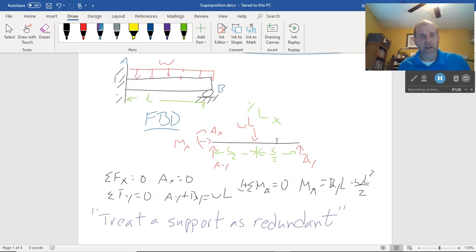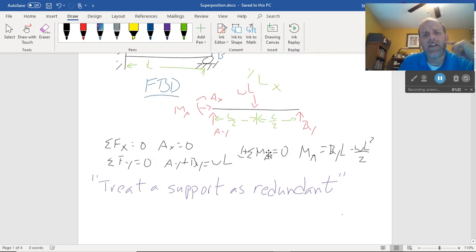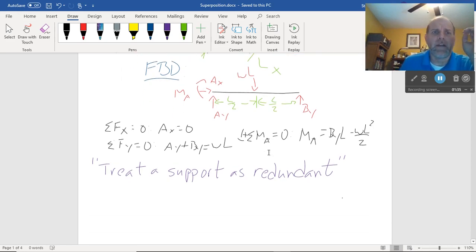All good, nothing unexpected. And then this phrase in purple is what you keep seeing, right? Treat a support as redundant. What does that mean, though? What does that mean we actually wind up doing?